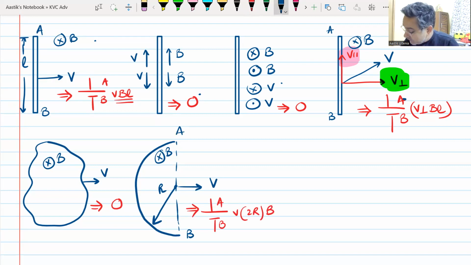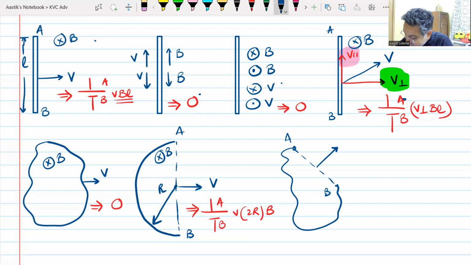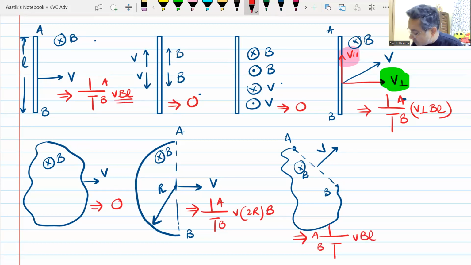Yes, sir. If I have a random shape loop AB, again it should not be a closed loop, and I know the length of this line is L and it is moving with a perpendicular velocity v in a magnetic field B, then I can replace this loop by a battery, and the battery will look like this, A and B, and the EMF of this battery will be equal to VBL.